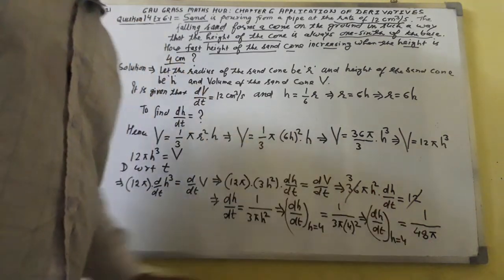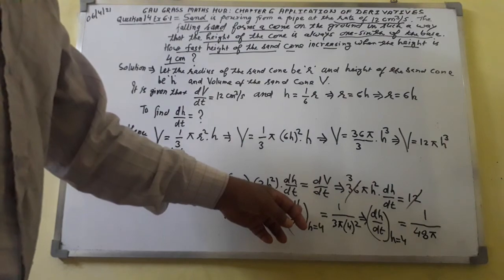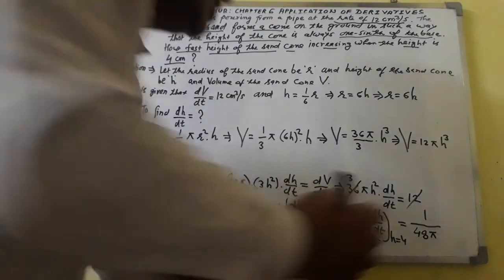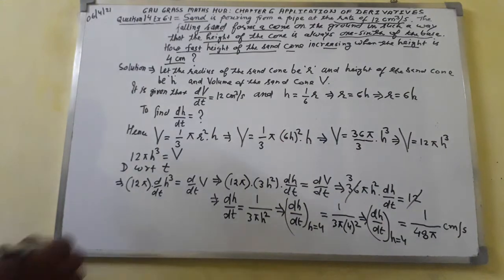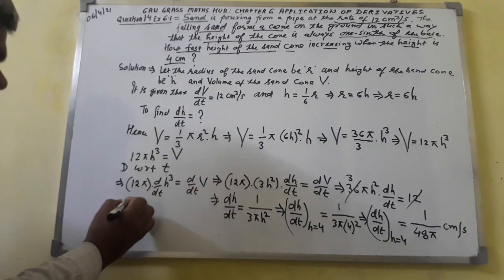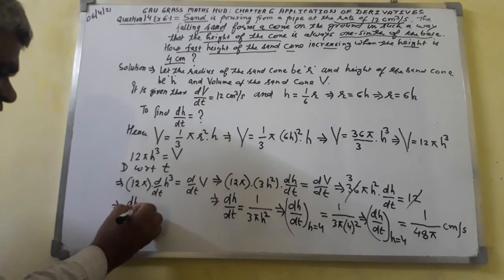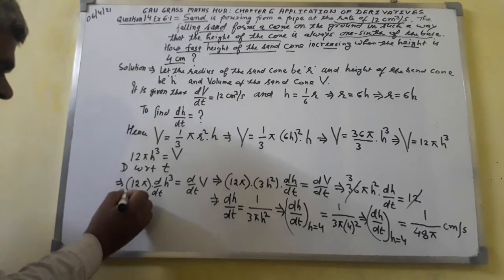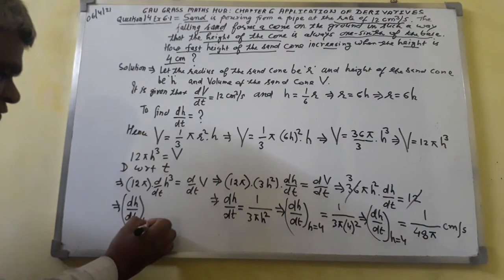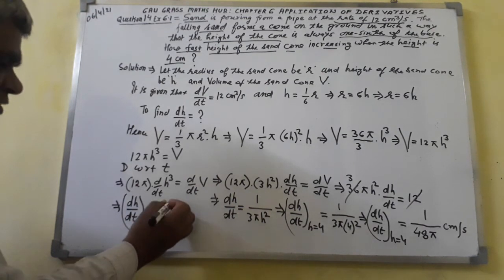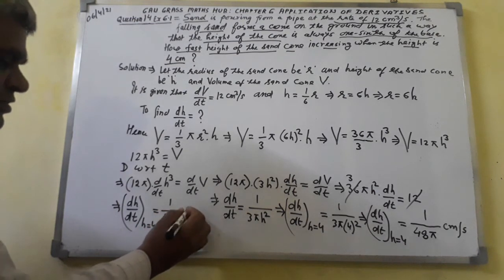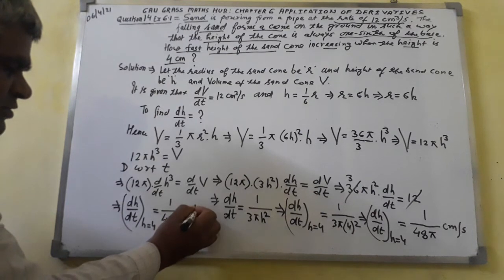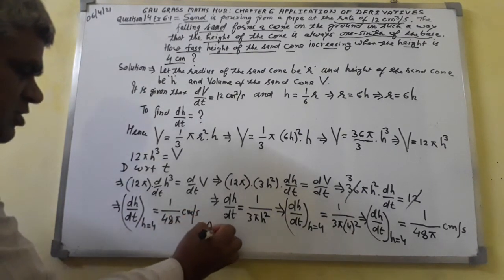That is 1 over 48 pi. The unit: h means centimeter, so centimeter per second. The answer is dh over dt at h equal to 4 equals 1 over 48 pi centimeter per second. This will be the correct answer.